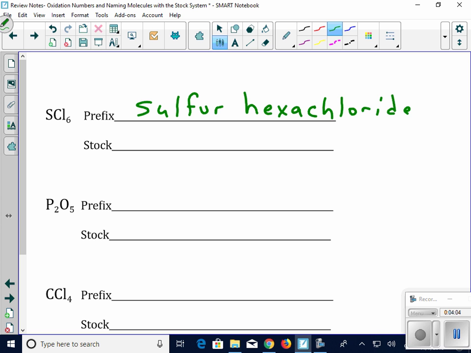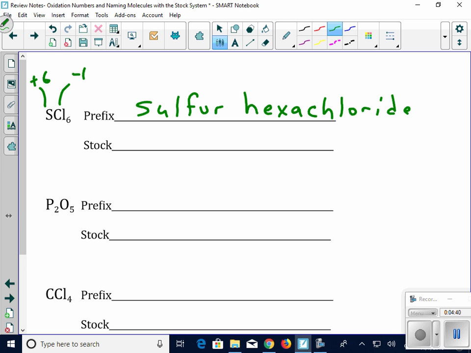Now, when I'm doing the stock system of naming, I give these guys oxidation numbers. So I follow my oxidation rules, and I know that chlorine's going to have an oxidation number of -1. So what does that tell me my oxidation number for sulfur is going to be? 6. Okay? So sulfur is going to be +6.